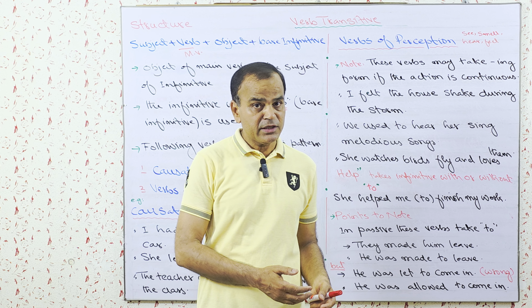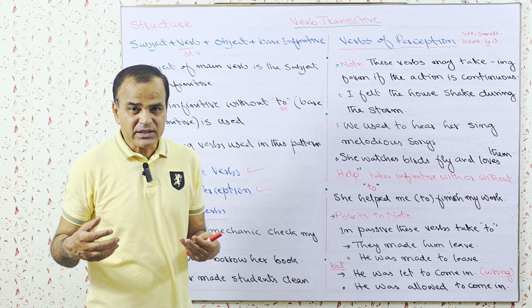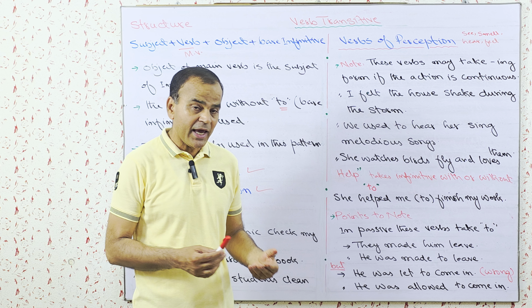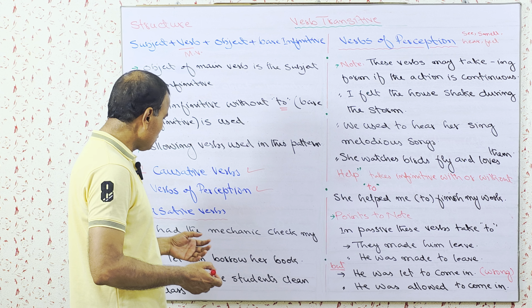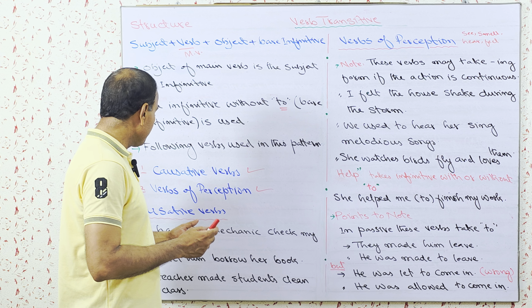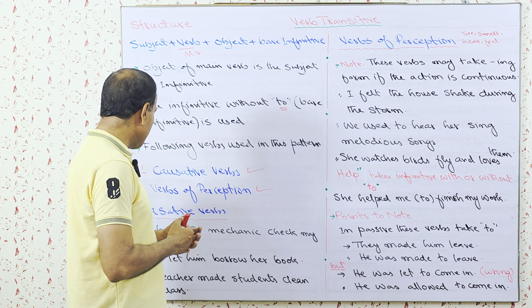Then the verbs of perception show the activities of your senses, the 5 senses that we have. If you want to know more about verbs of perception, please watch my video on verbs. Now let us learn this particular construction in sentences and something more.